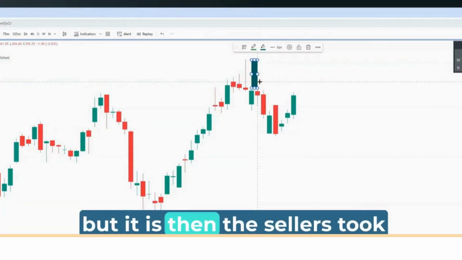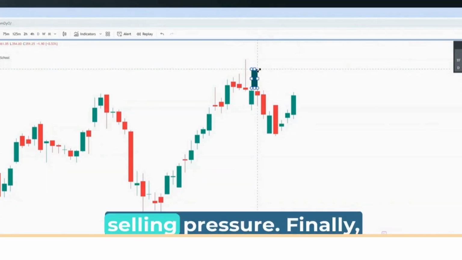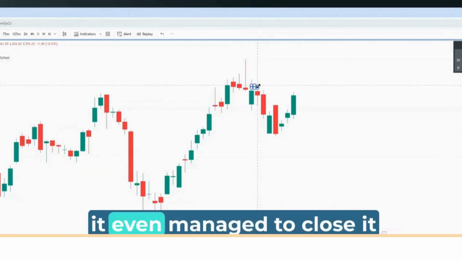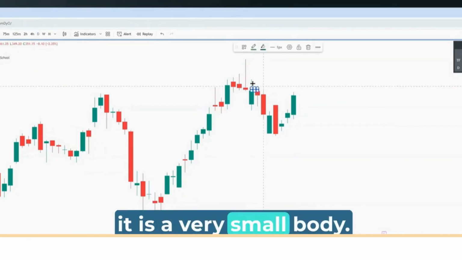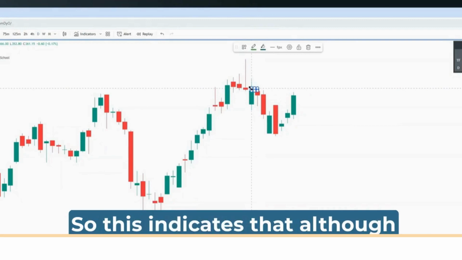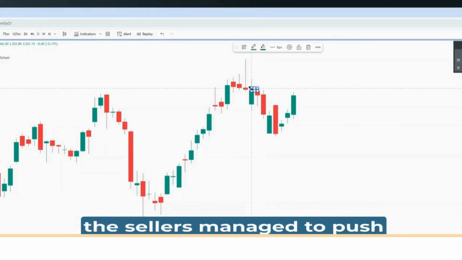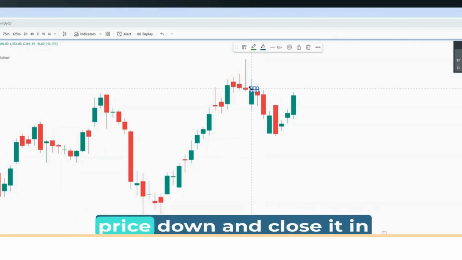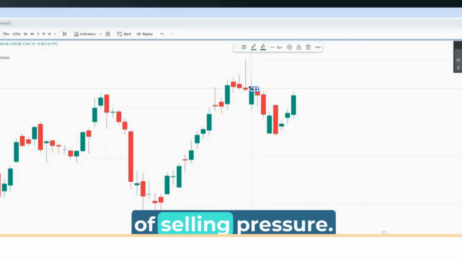But then the sellers took control and drove prices lower. So it is indicating a lot of selling pressure. Finally, it even managed to close below the opening price, where it has got a very small body. So this indicates that although this candle was a solid green candle at one point of time, the sellers managed to push price down and close it in the low of the range.